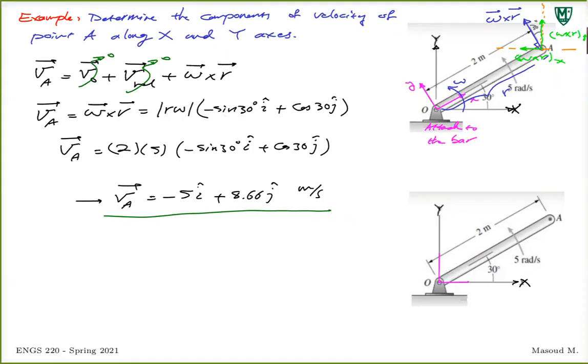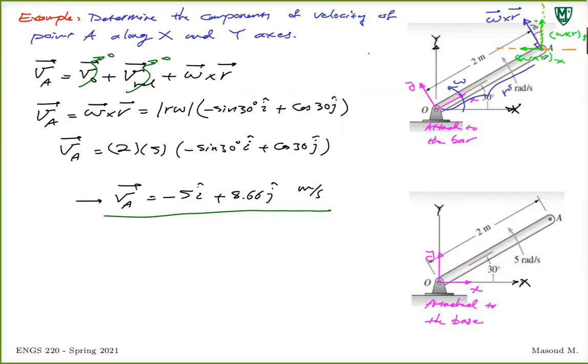Local frame, X and Y. And this frame is attached to the base. So now you have your frame here. It's not attached to your bar. Your frame is here, local frame, and the bar rotates.